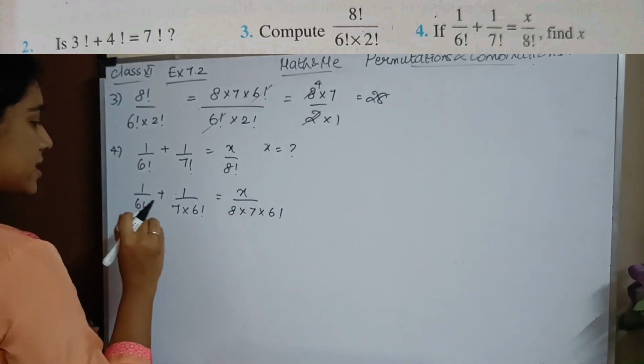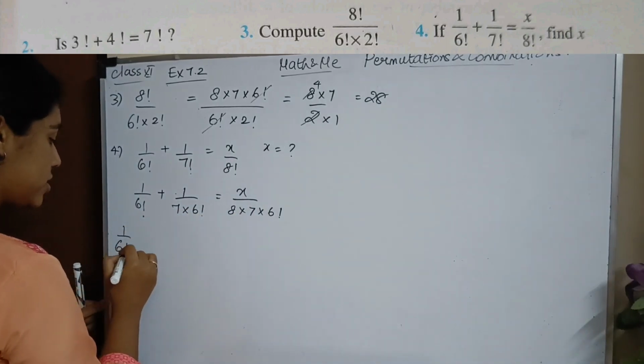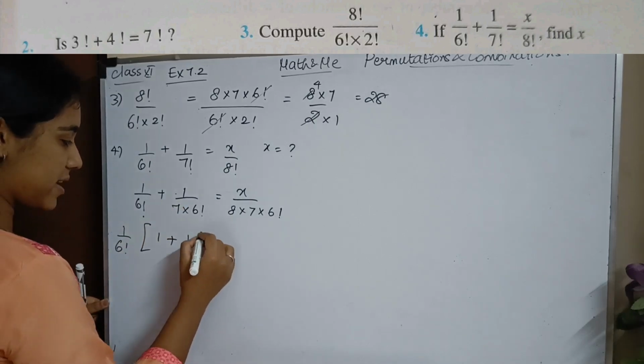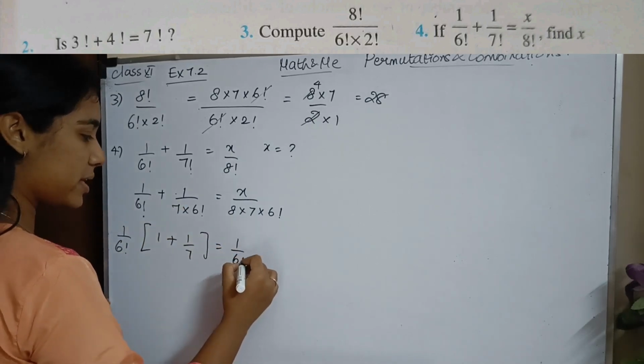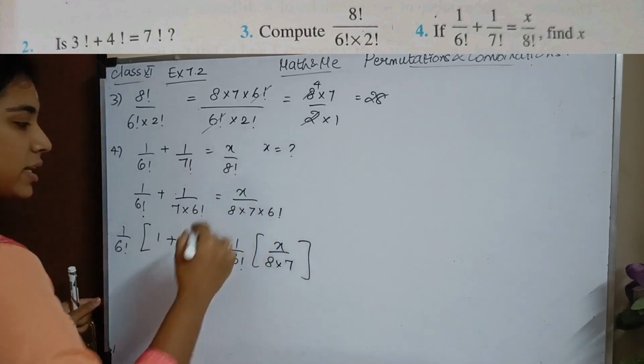So I have 6 factorial, which is common in the denominator. So I can take it outside. So 1 by 6 factorial, first term is 1, plus 1 by 7, equals 1 by 6 factorial times x divided by 8 into 7.